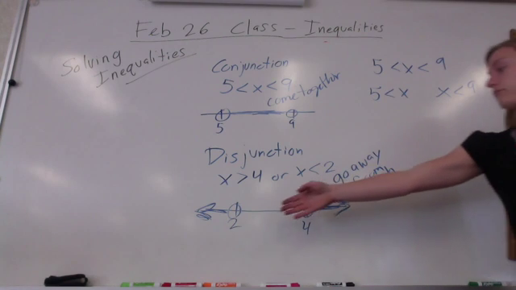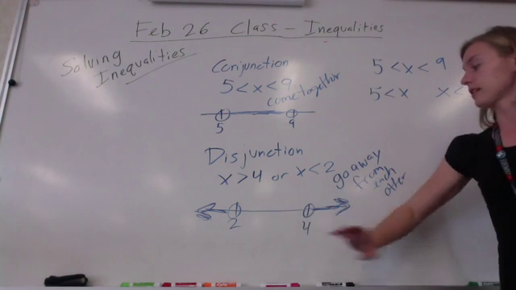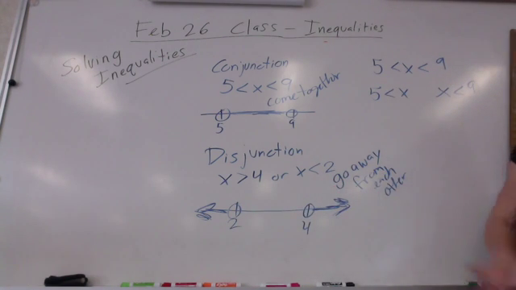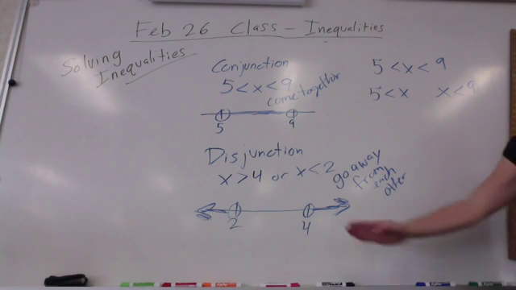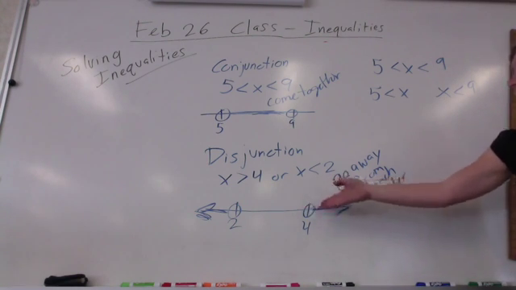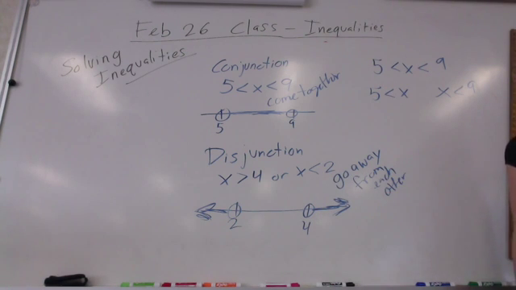So not 2.2, not 3, not 3.8, but pretty much everywhere else. Not 3.99, not 3.9, not as close as you can possibly get. In fact, it's not even 4. It's not an or equal to. So this might pop up here and there as you get farther in algebra, but it may not be something you're actually tested on.